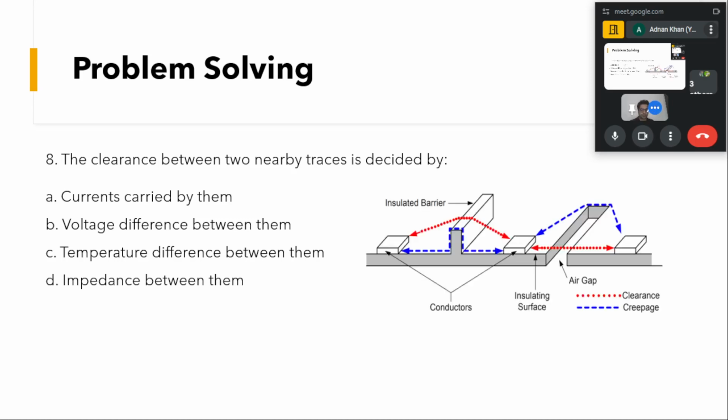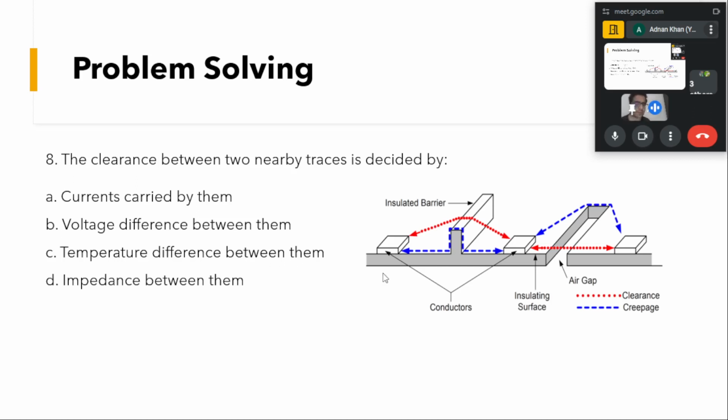Okay, we had seen that if we have different traces of different conductors, or different terminals or different paths, we want to have some clearance between them, and this clearance is determined by the voltage difference between them.